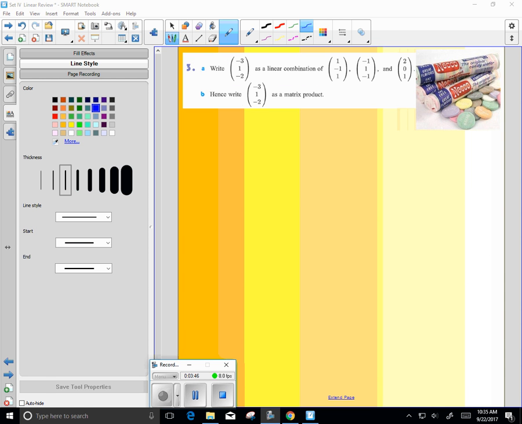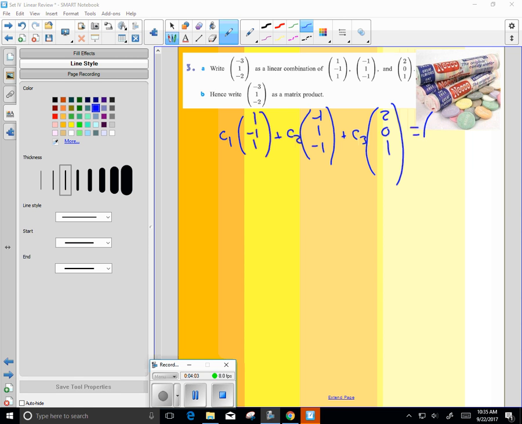These are so doable. You have C1 times 1, negative 1, 1, plus C2 times negative 1, 1, negative 1, plus C3 times 2, 0, 1. That linear combination, if you find these, you should get negative 3, 1, negative 2. This is kind of a simpler version of what we're doing with the eigenvalues, isn't it? Kind of. There's a connection there.